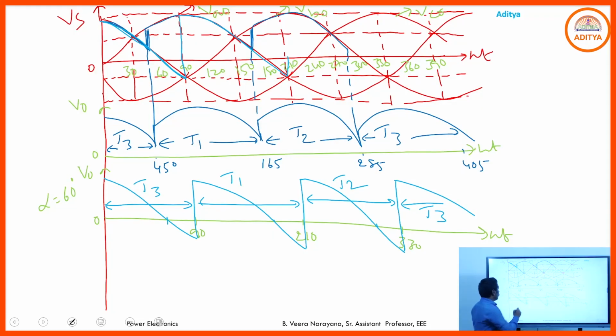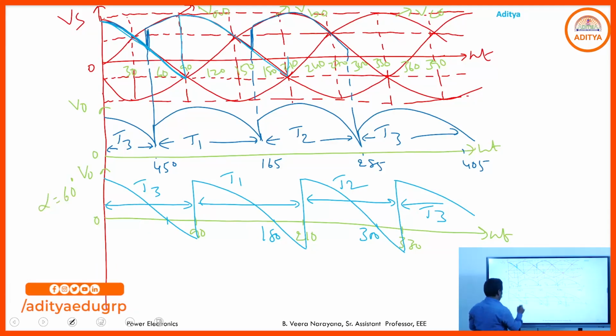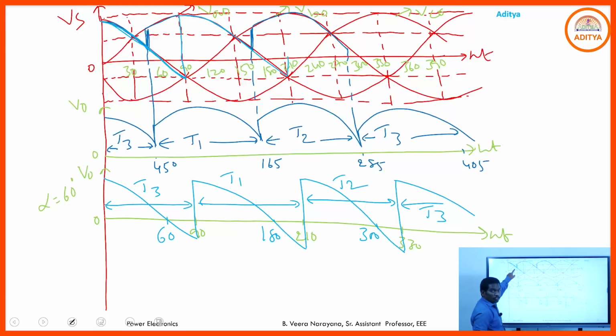So here from 0 to 60, VC naught is positive.